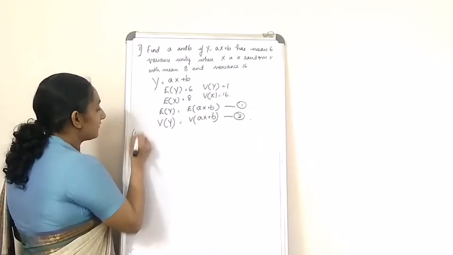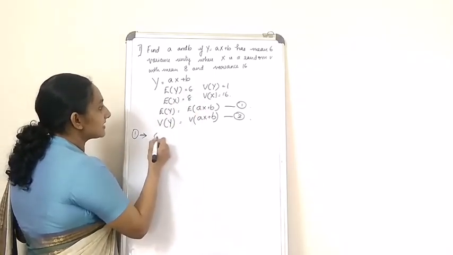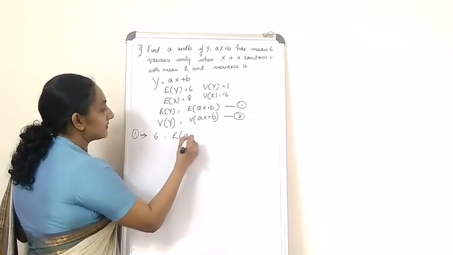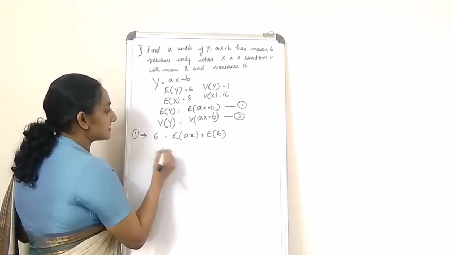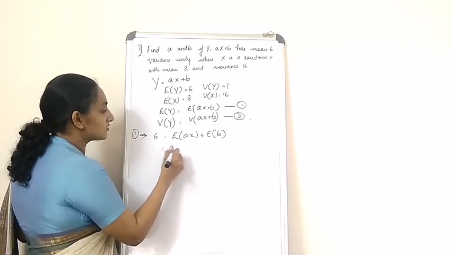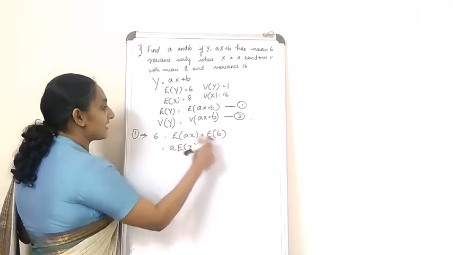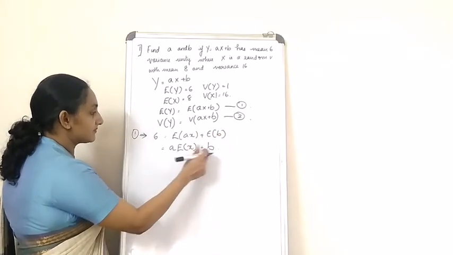Now my first equation implies that expectation of y, which is 6, is equal to expectation of ax plus expectation of b. Since a is a constant, I am going to take a outside, we know the result, plus expectation of b. Expectation of a constant is the constant itself, so you can keep that b like that.